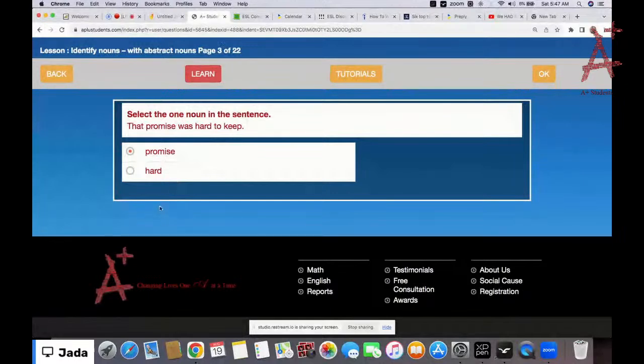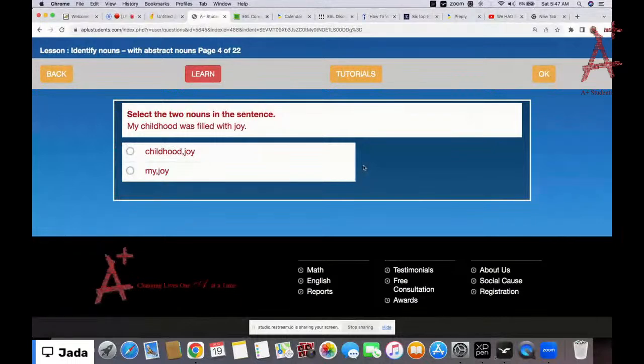Sure? You guys sure? You guys are not focusing and you're just clicking on the wrong answer. Hard is not concrete or abstract, but promise.